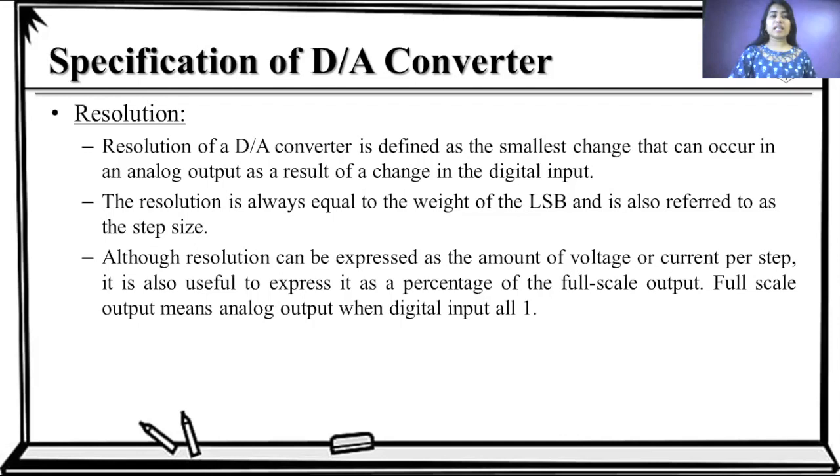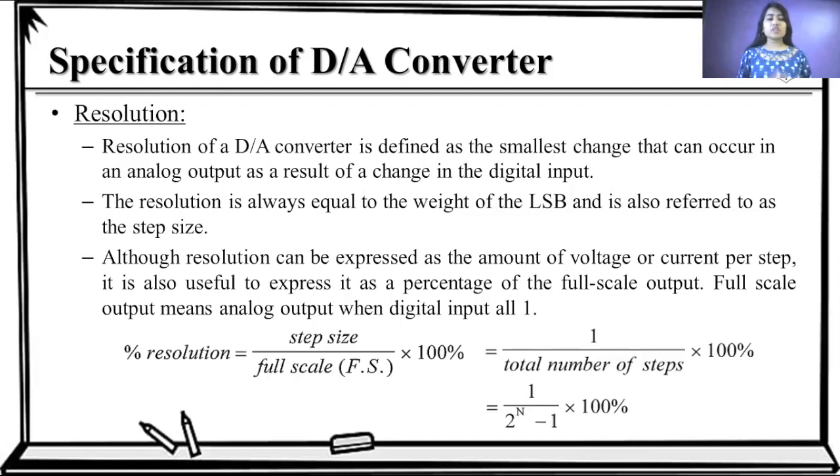So how can we calculate this resolution? Here we have an equation. Percentage of resolution is equal to step size upon full scale output, cross 100%, because here we denote this in terms of percentage. We can also write this as 1 upon the total number of steps. That means for 4 bits, like we take 10 steps, so here we can write 10 steps, then 16 steps.